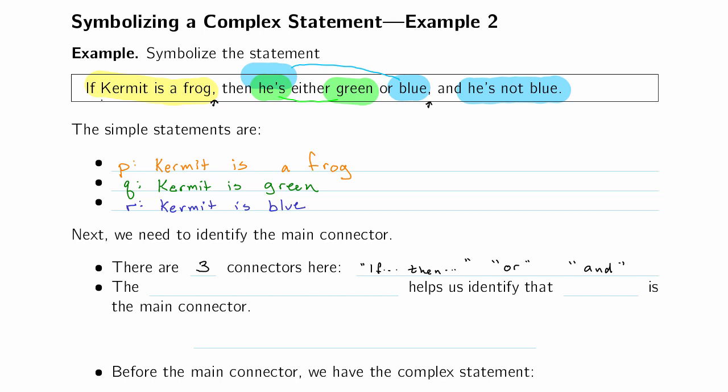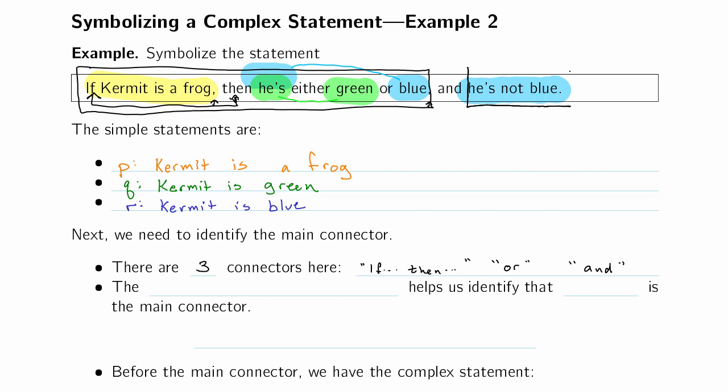This comma separates the if part from the then part. So there's something bridging that, saying that this part of the sentence is one whole thing. But there's nothing bridging this and. This part of the sentence is one whole thing. The punctuation, in particular the commas, help us to identify that that and is the main connector.